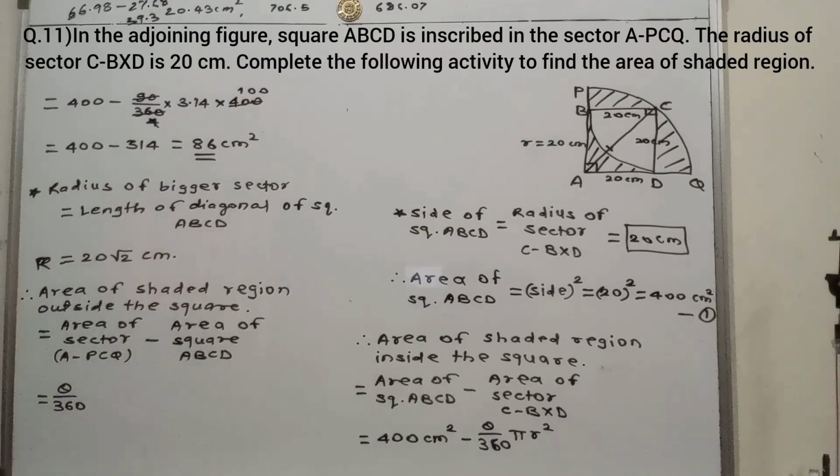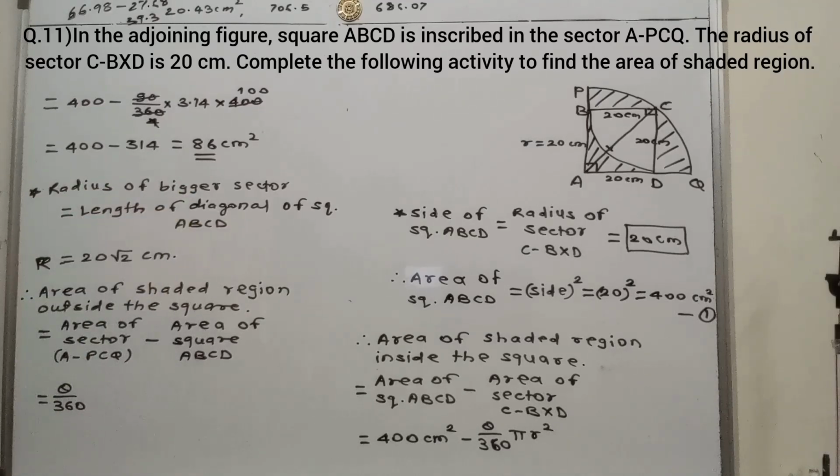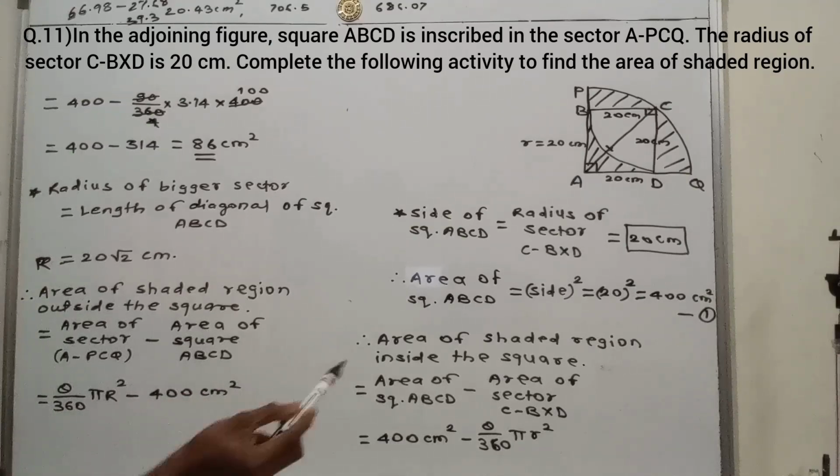Because small letter r was for that smaller sector C dash BXD. So we write here capital R. Pi R square minus area of square, which is 400 centimeter square.